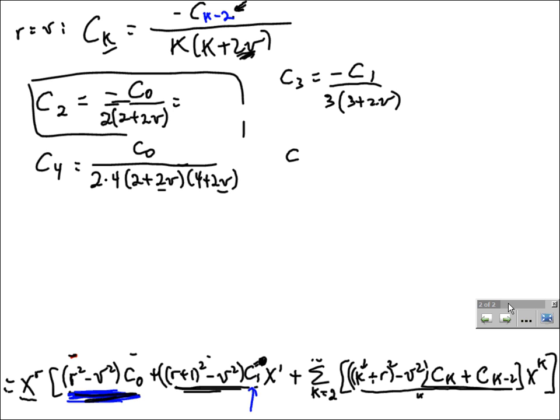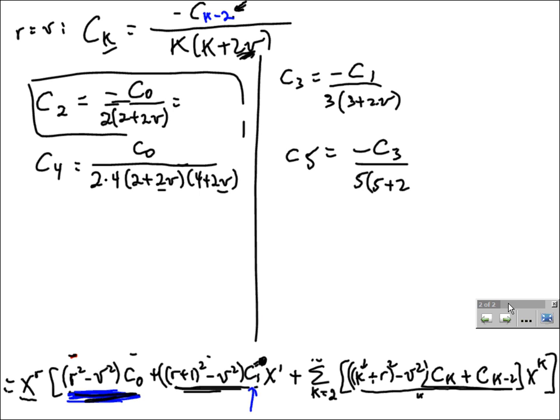So c sub 5 is negative c sub 5 minus 2, which is 3, over 5 times (5 plus 2v). So it's negative 1 over 5 times (5 plus 2v) times c3.